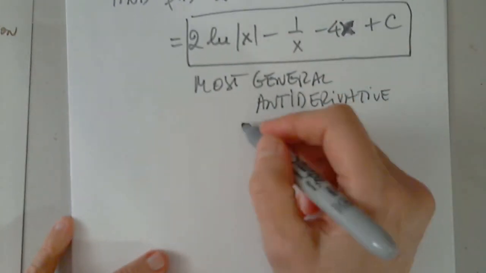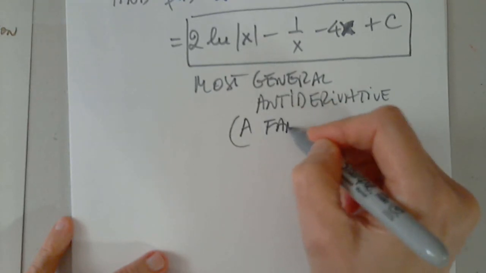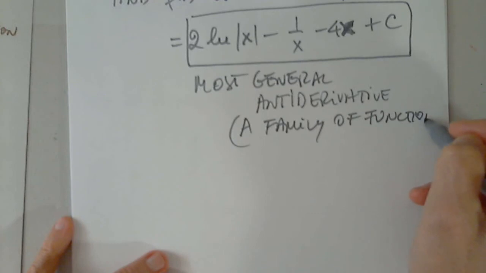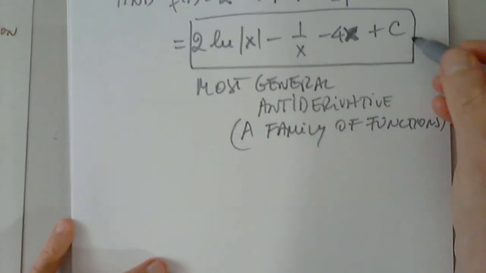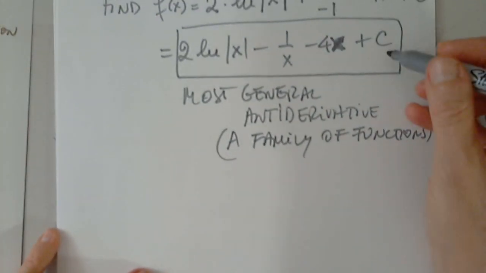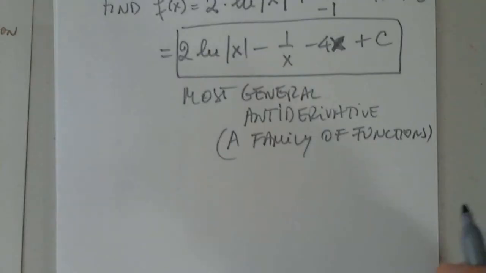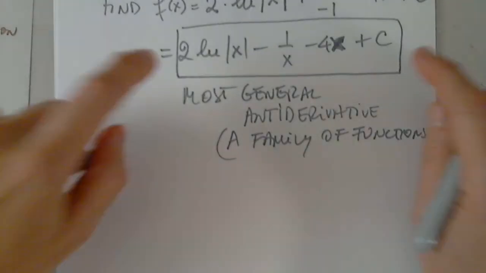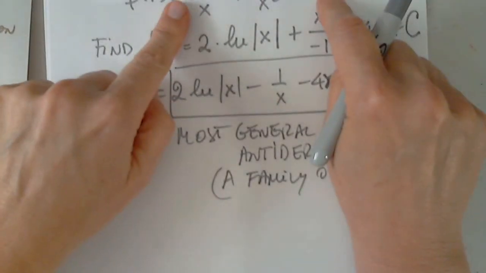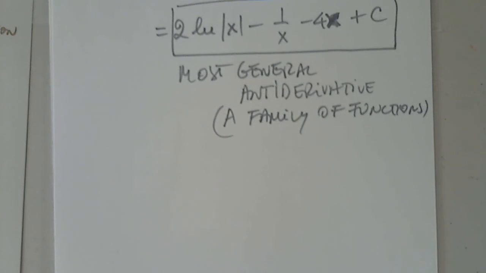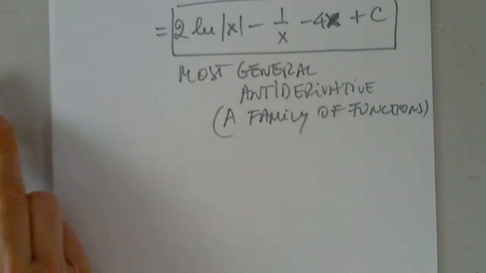A family of functions, in other words. They all differ by a constant. So the constant c can be anywhere between negative infinity and infinity. So I have infinitely many functions. All these functions have this derivative, guaranteed. Questions?